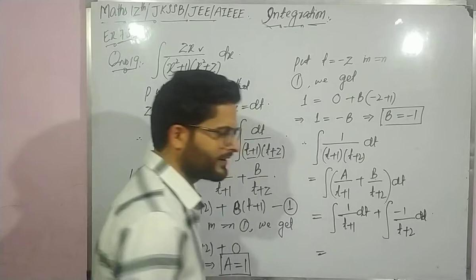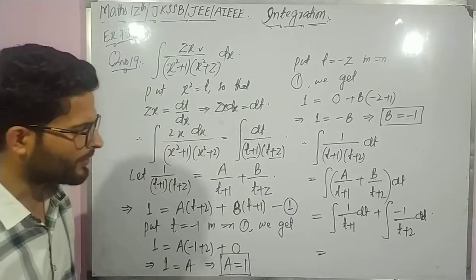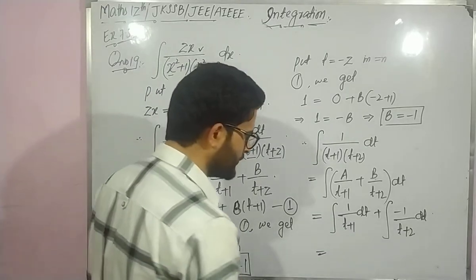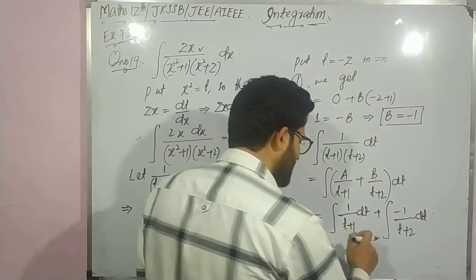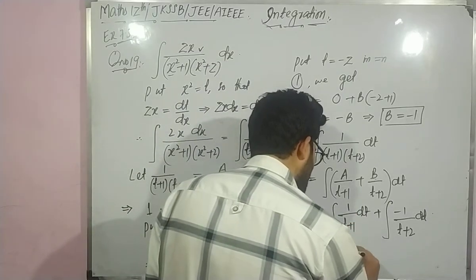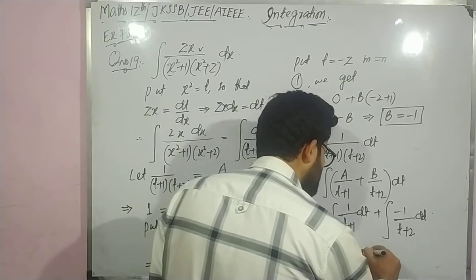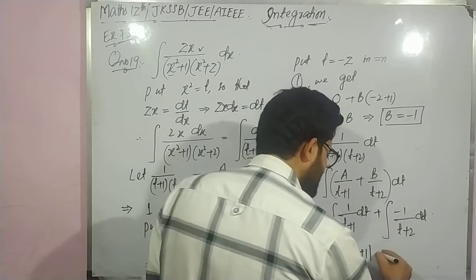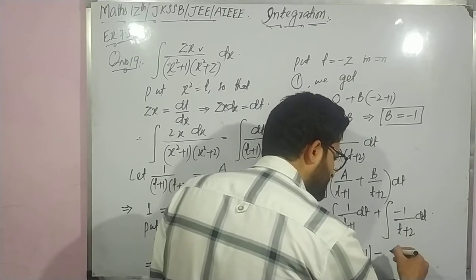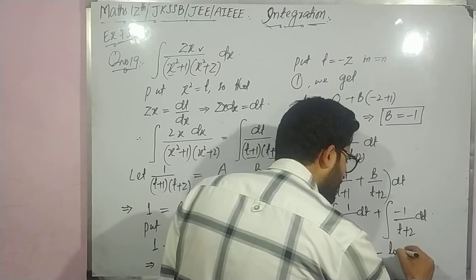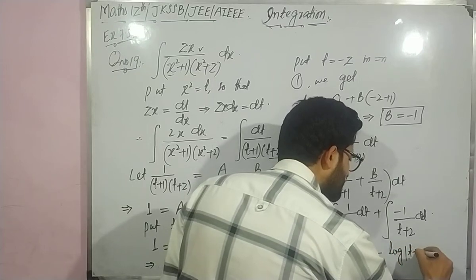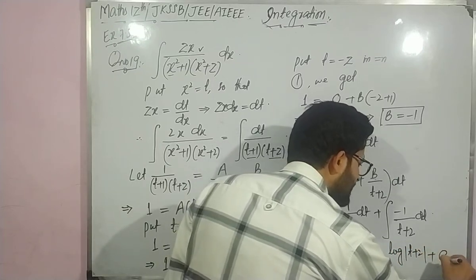Obviously both the integrals are in the standard form, so you can obviously locate their antiderivatives. So integration of 1 divided by t plus 1 is log of mod of t plus 1, plus into minus 1 divided by t plus 2 is log of mod of t plus 2 plus c, the constant of integration.